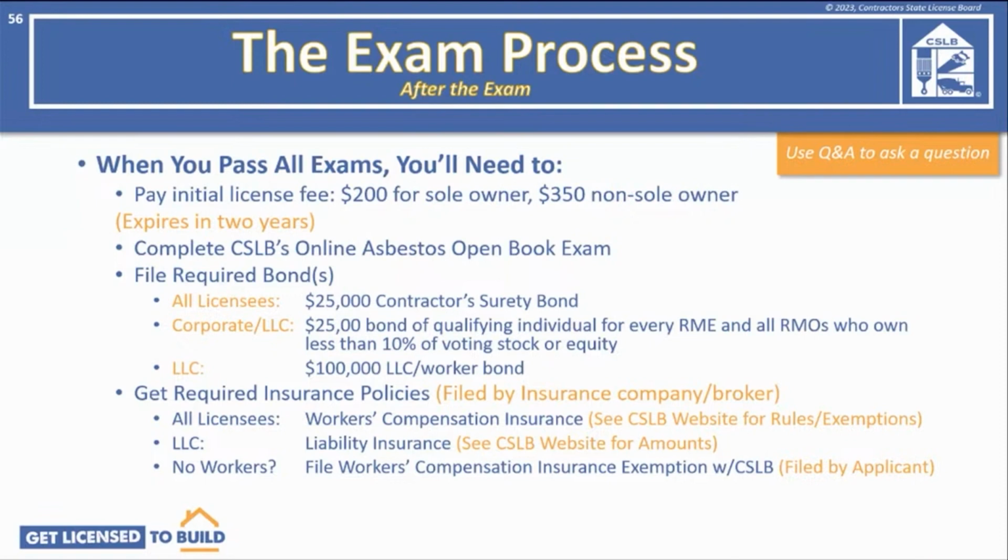Please note, workers' compensation insurance is also required for all contractors applying for the C8 concrete, C20 warm air, heating, ventilating, and air conditioning, HVAC, C22 asbestos abatement, C39 roofing, and C61 D49 tree service classifications, whether or not you have employees. If you're going to be an LLC, you'll also need liability insurance.